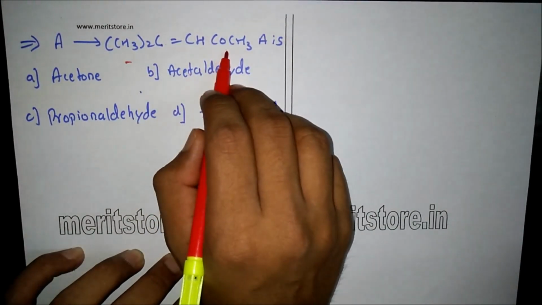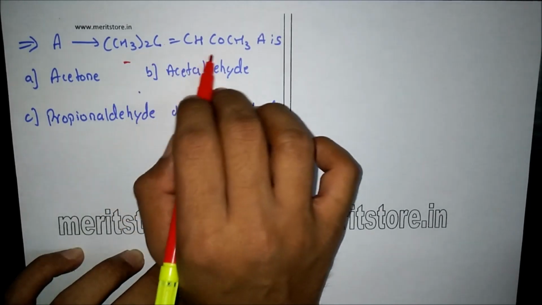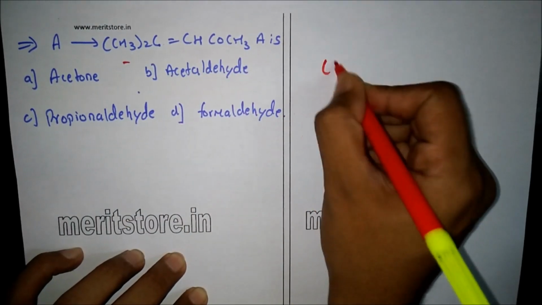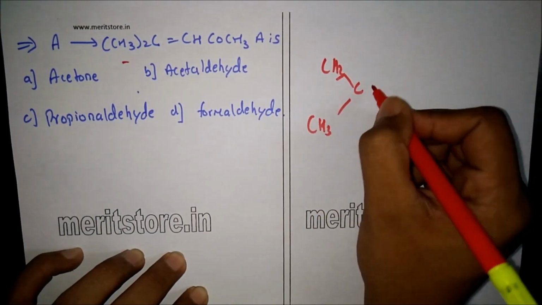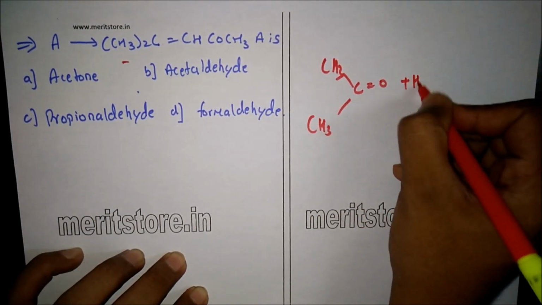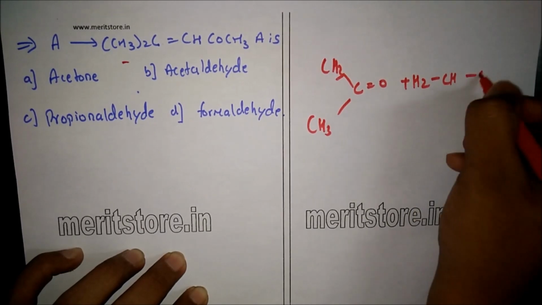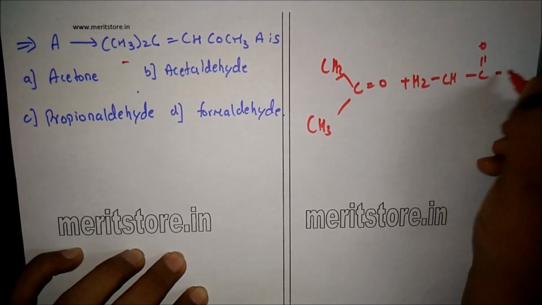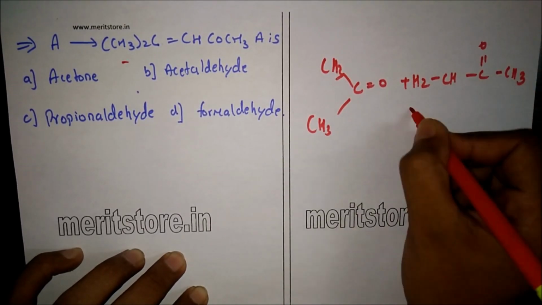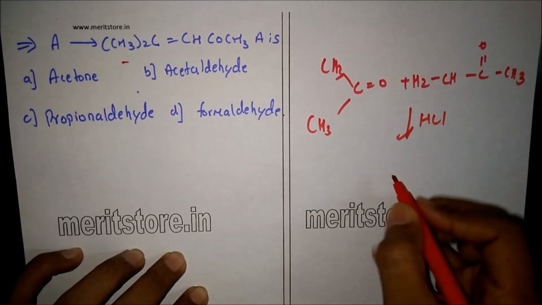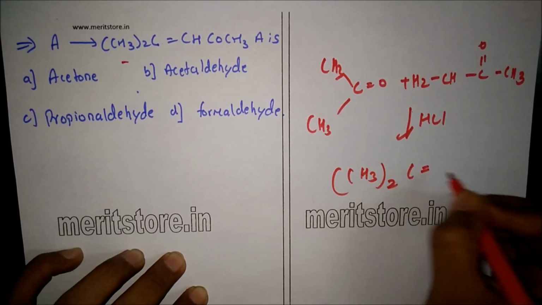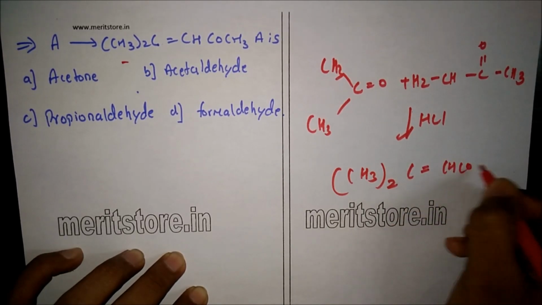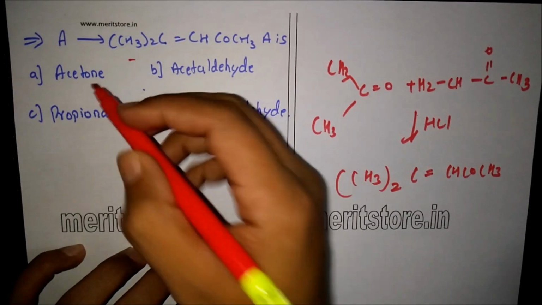The product obtained here is mesityl oxide. The reaction is CH3COCH3 plus H2CHCOCH2CH3 in the presence of HCl gives the product mesityl oxide. Therefore, here the correct answer is option A, acetone.